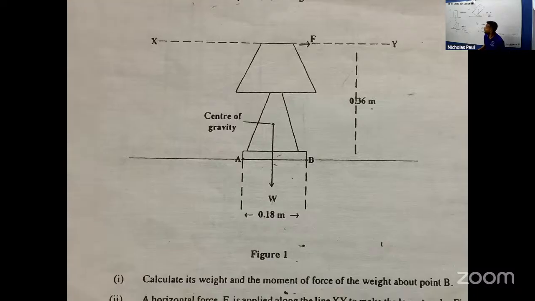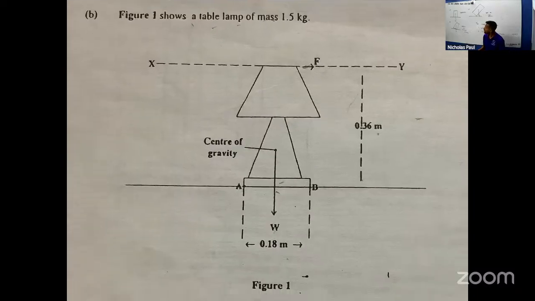You can do a sketchy diagram, and then I'm going on to the question. So look at that there. They're going to ask about moments and how we get to the answer.